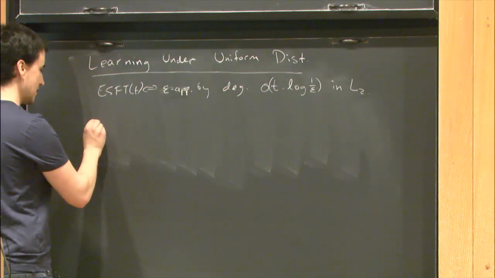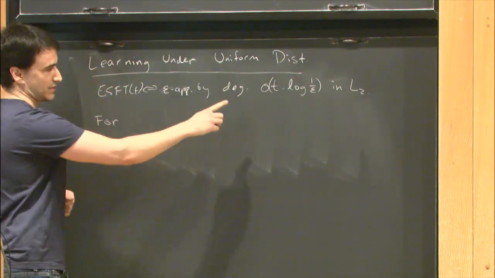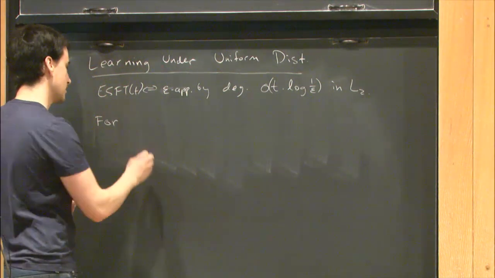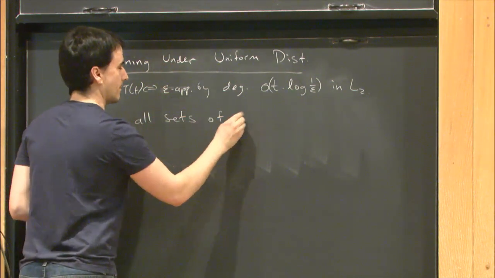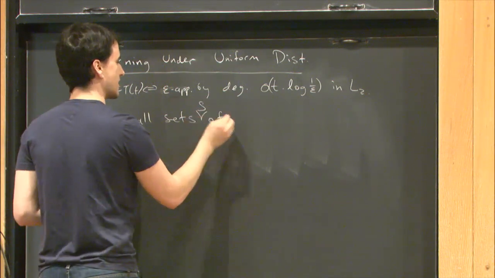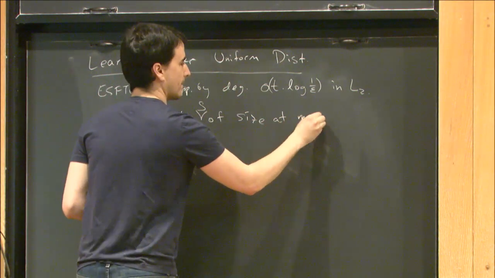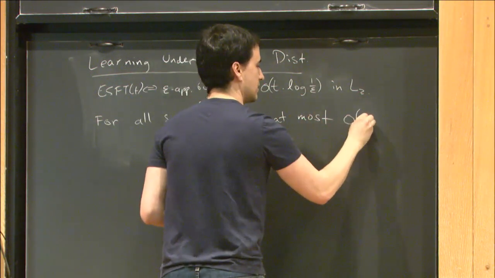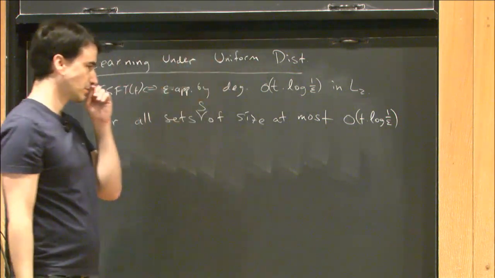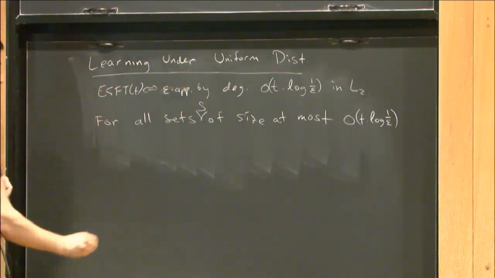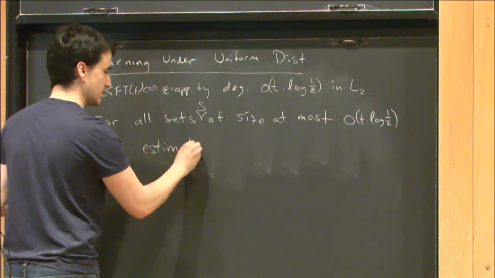So the algorithm is pretty straightforward. We go over all sets S of size at most t log 1 over epsilon. We estimate the Fourier coefficient of the set.